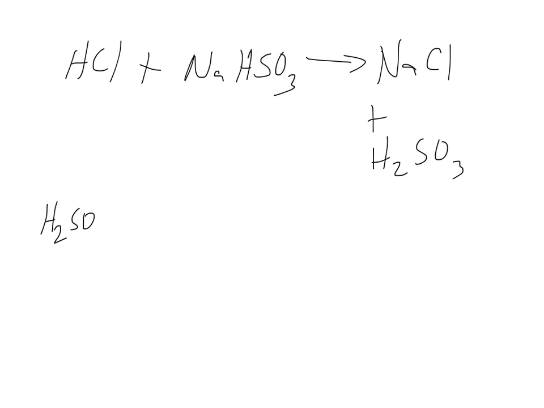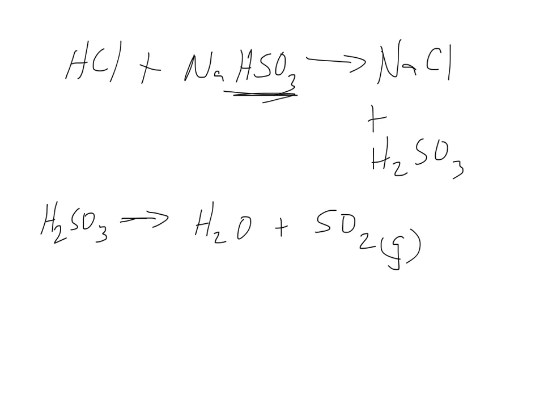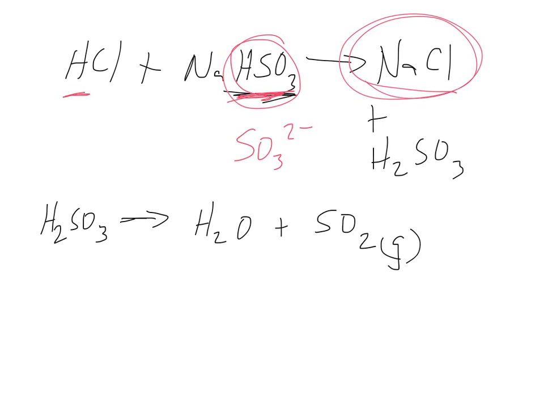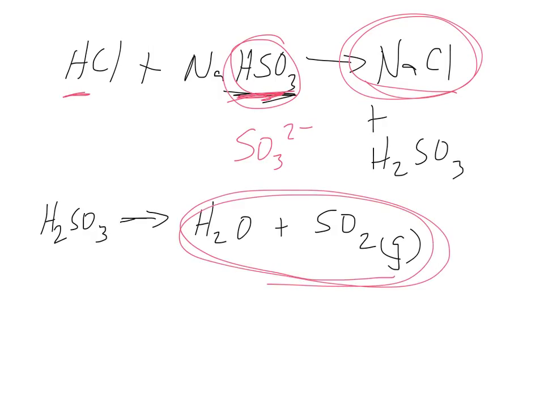Sulfurous acid is also unstable and will decompose into water plus sulfur dioxide gas. So if I have a hydrogen sulfite or a sulfite, and I add an acid, I'm going to make my salt and water and SO2 gas. Okay? So with a sulfite or a hydrogen sulfite, I make a salt, water, and SO2 gas.